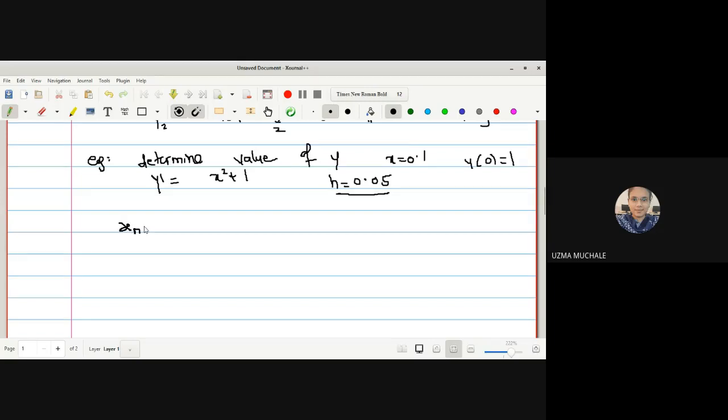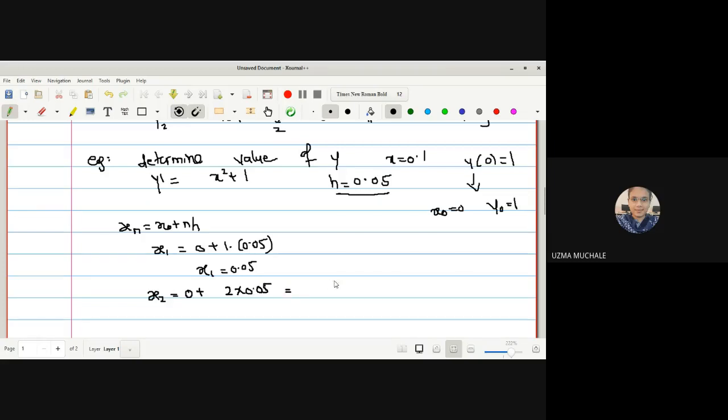For x n is equal to x naught plus n into h. So what will be x1? Before that, let us write down what is x naught. x naught is 0 and y naught is 1. So x1 is 0 plus 1 into h. What is the value of h? 0.05. And hence we get x1 is equal to 0.05. Similarly, we can find x2 is equal to 0 plus 2 into 0.05.